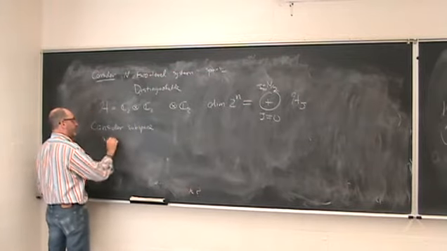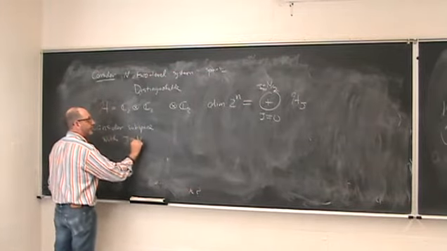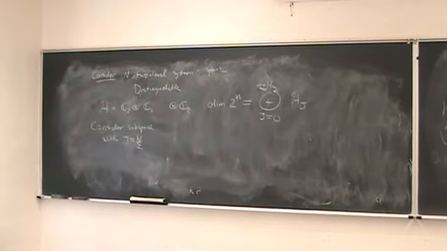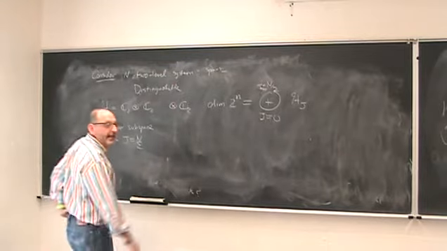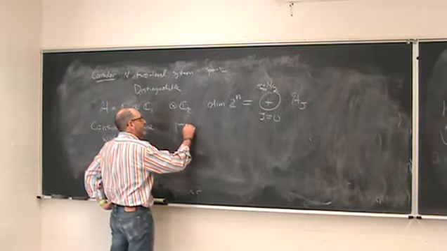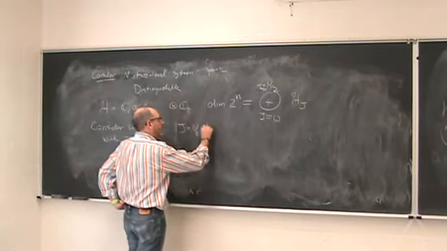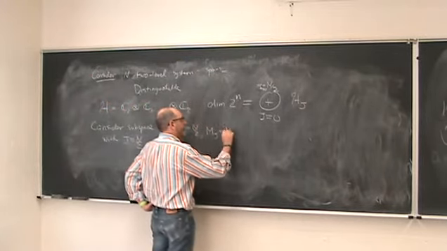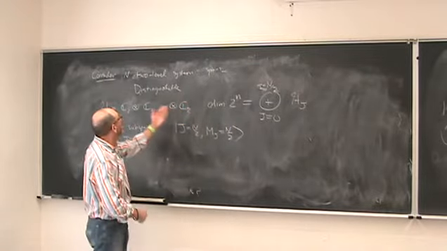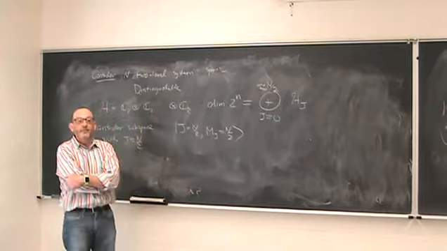With j equal to n over 2, let's consider that subspace. Here's an example of a state in that space: j is n over 2, m sub j is n over 2. How do I make that state out of my spin 1/2 particles?